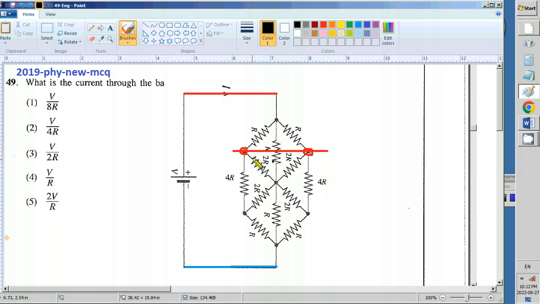So let us check whether these 2 points are at the same potential. What we have to do is check whether these parts are symmetrical.